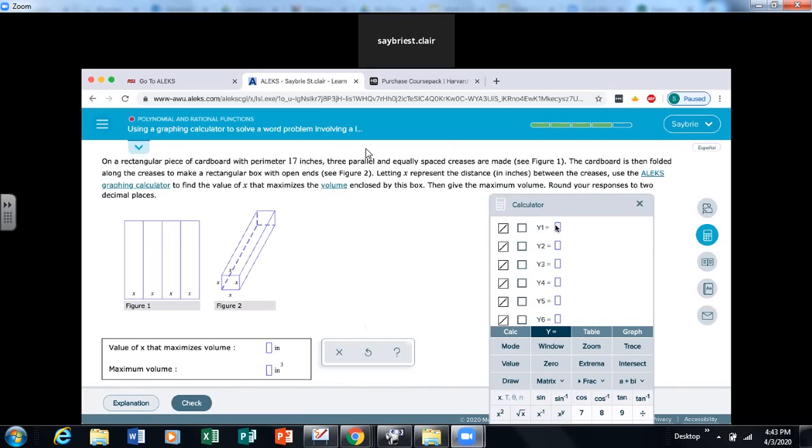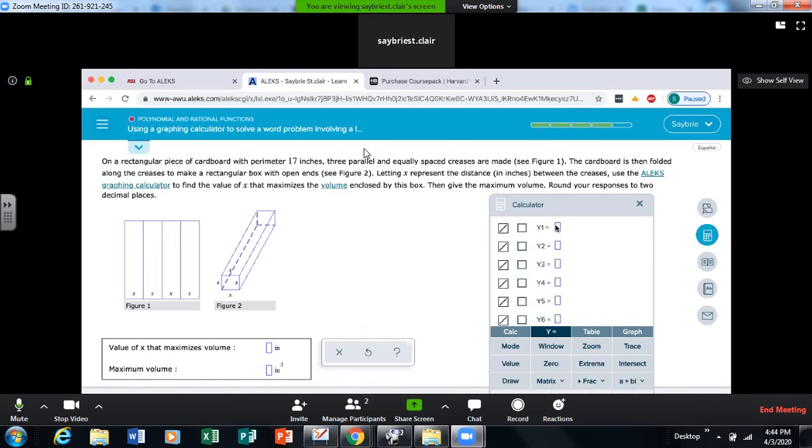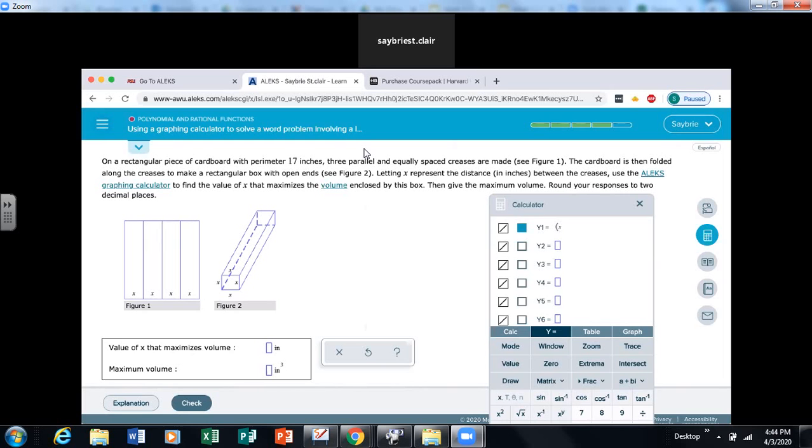A little bit blurry. But you're going to type in parentheses x and then another x. So you have two of those x's. And then another one. And then your last one's going to be 8.5 minus 4x. There you go. Graph that.